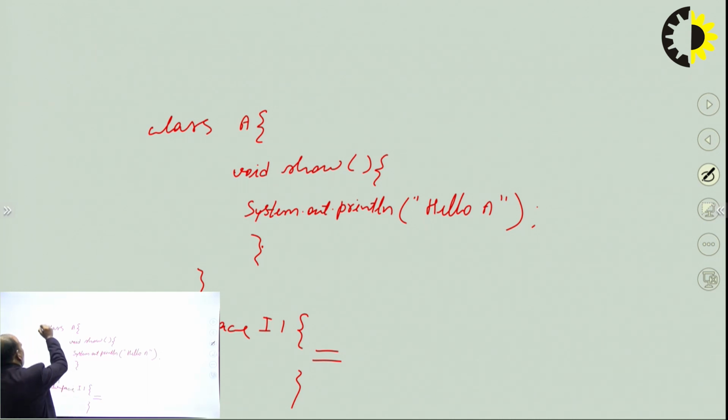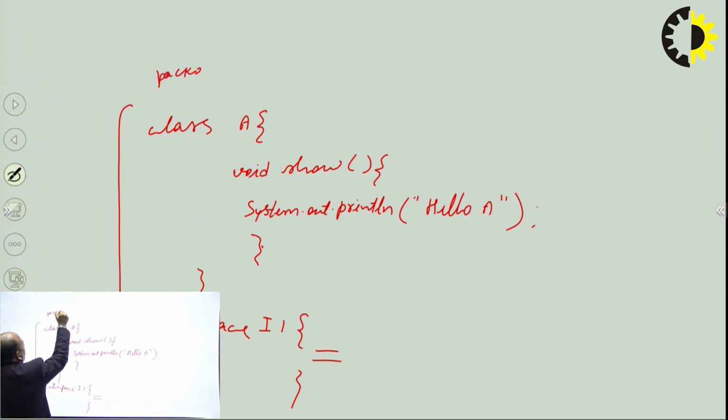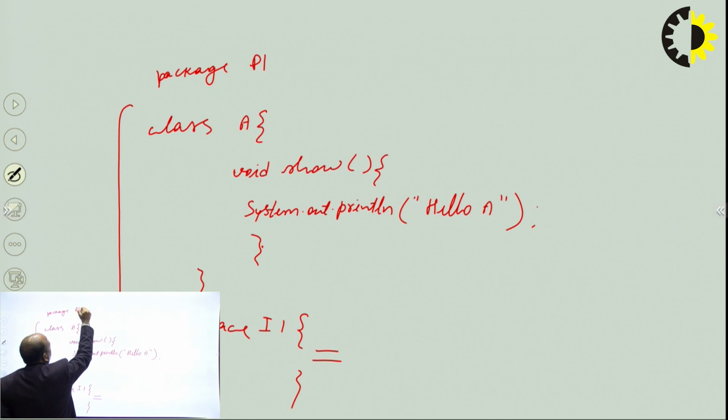Now I want to put all these things within a package. To do it, I have to write a keyword named package, and after that write the name of the package. I am writing P1, then put a semicolon. Now all these things will be put in a package named P1.